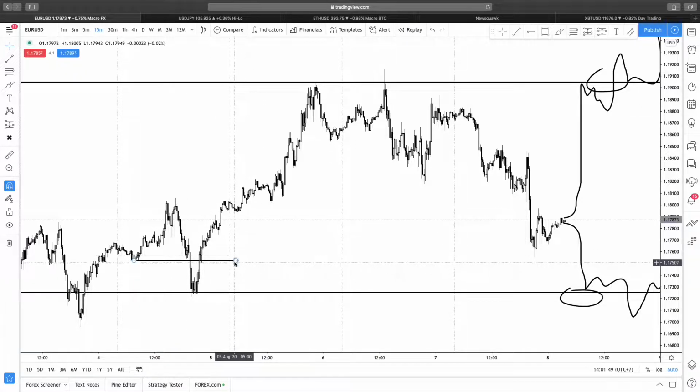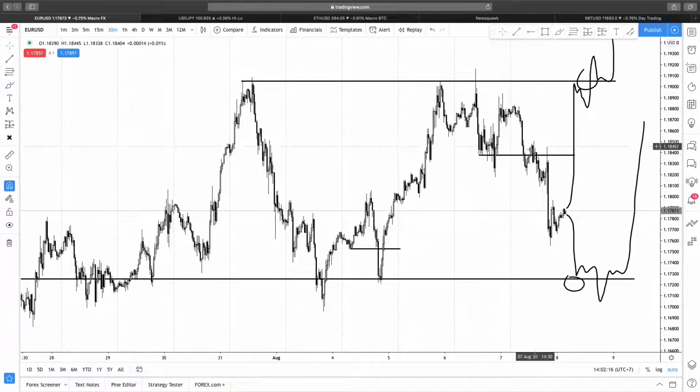Then support, support, support, break, trades away, trades into the level, breaks it, little failure above, underneath, resistance, drops. Nice clean SR, resistance drops.